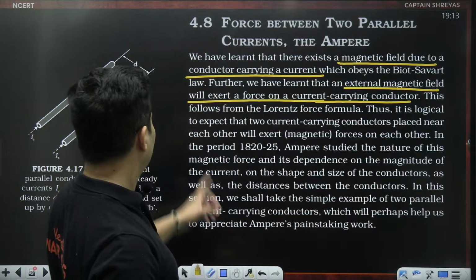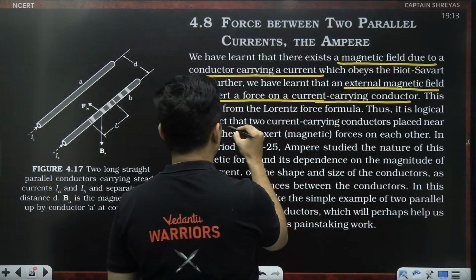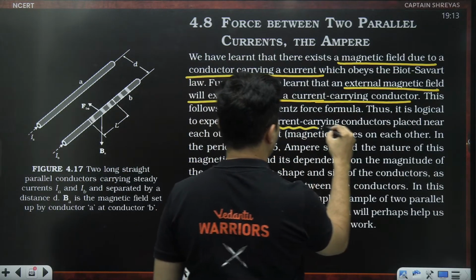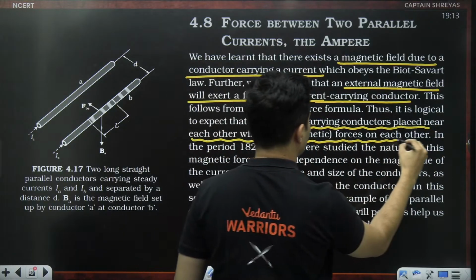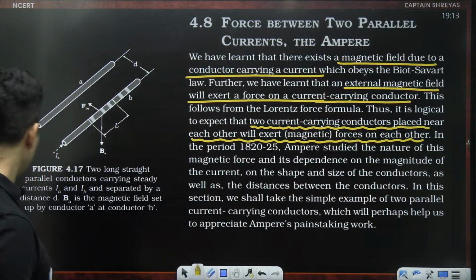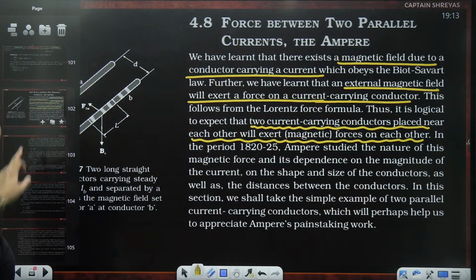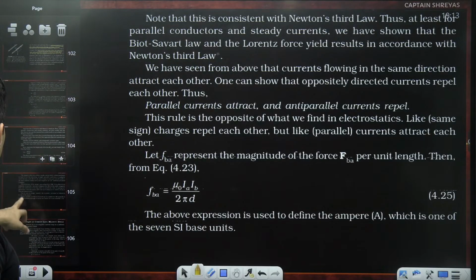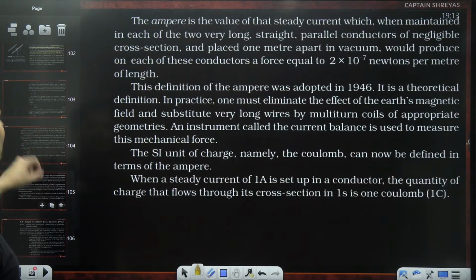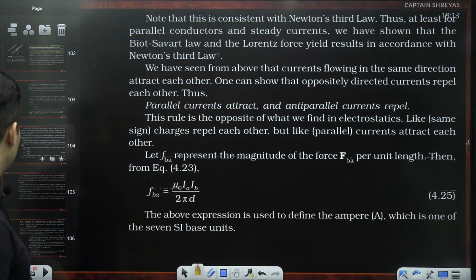So from this, it is expected that two current carrying wires near each other will exert magnetic forces on each other. This is what we are interested to study. And then they have done this calculation part, and they say this is also used for defining Ampere's law and all of that. So we'll come to it.